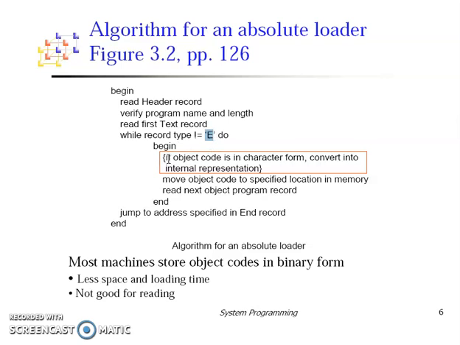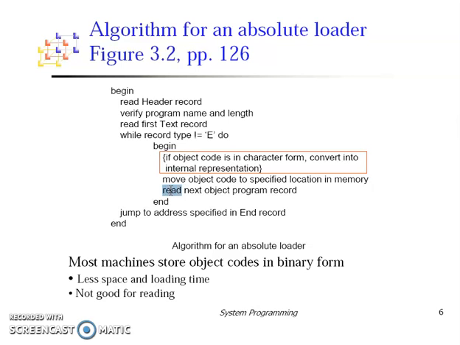If the object code is in character form, convert it into its internal representation, that is, its machine form in hexadecimal. Then move the object code to the location specified in the text record.